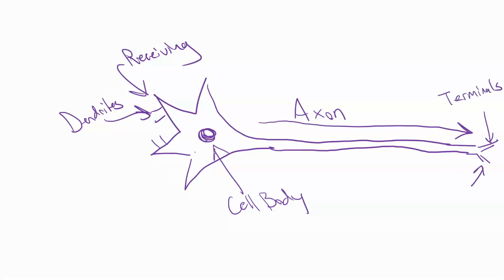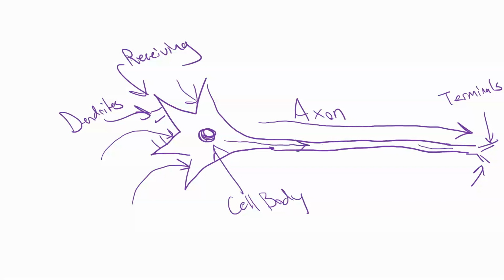So a neuron can receive a signal, and generally a signal is chemicals that bind to the neuron and alter its voltage across the membrane. It's a long story, we won't really get into it here, but if the voltage is brought to a certain amount of change, it causes a whole bunch of things to happen, which then send a jolt of electricity, for lack of a better word, down the axon.